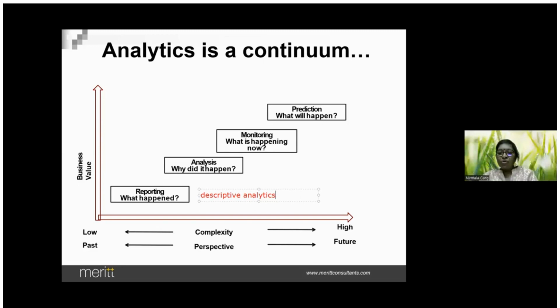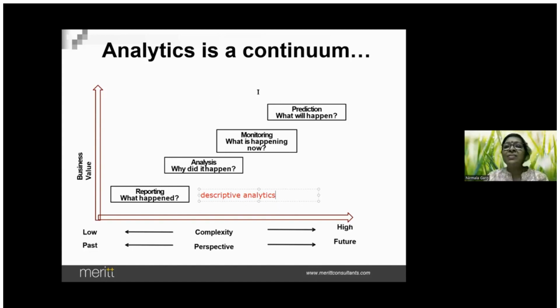When we are just reporting what happened, we are not doing anything else, we are reporting as is. Hey, 30% attrition is happening, or turnover is so much, or cost per hire is so much. So we are just reporting. When we do descriptive analytics, we are not giving any suggestions, nothing, as is.